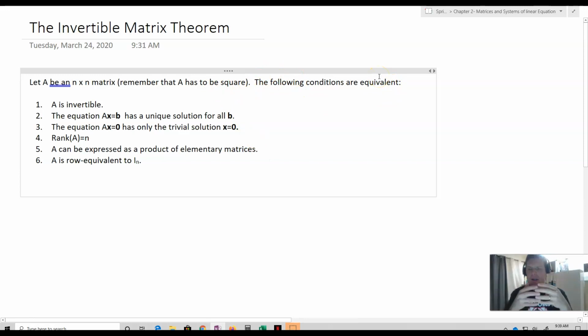Now, from a math perspective, that means that we've basically got to prove in both directions. If I prove that A is invertible implies that the equation AX equals B has a unique solution for all B, then I've got to actually prove it in the opposite direction.